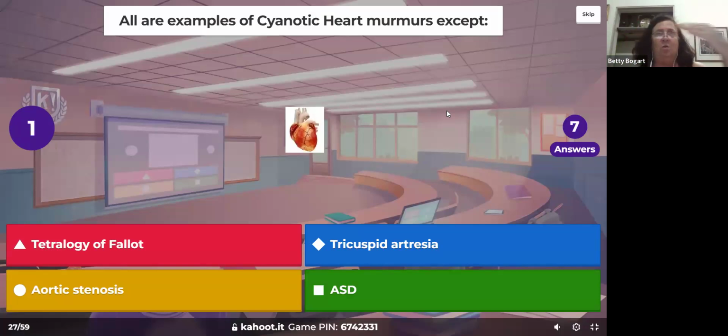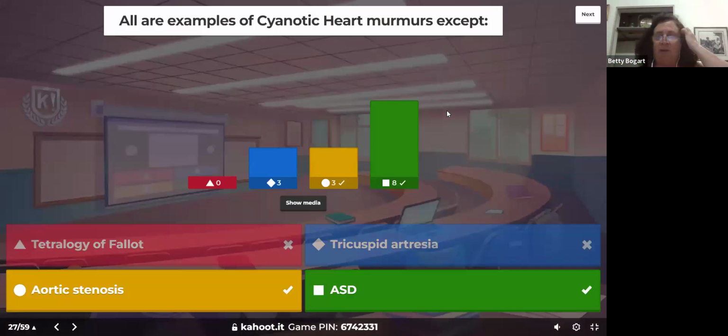It means no opening between the right atrium and right ventricle. Definitely cyanotic, right? So stenosis is still an opening. There's movement, and it just means blood has a harder time going out the aorta to the body. And in ASD, it's extra pulmonary blood flow, right? Because the blood is going from the left side to the right side and back up to the lungs again.